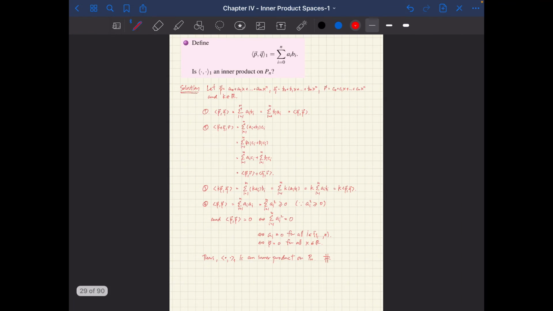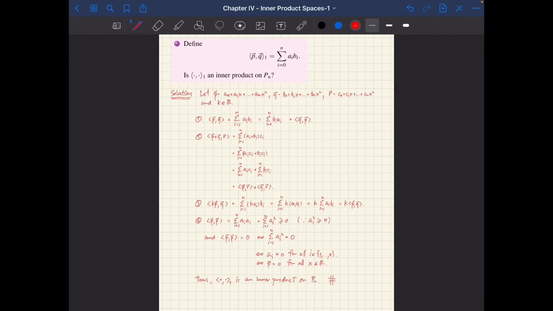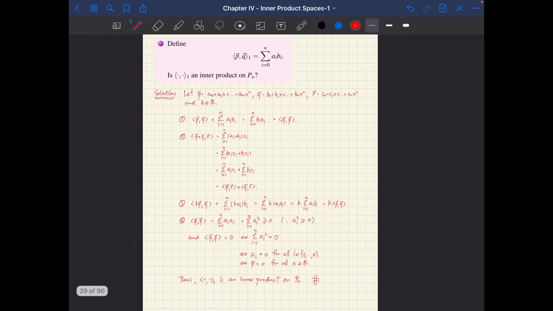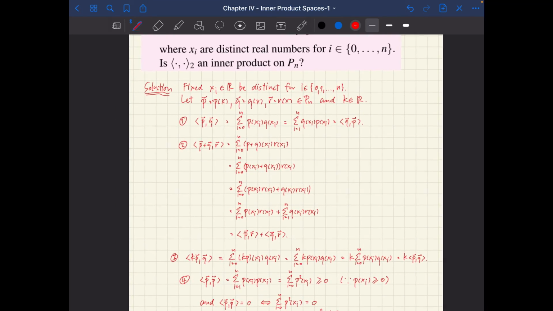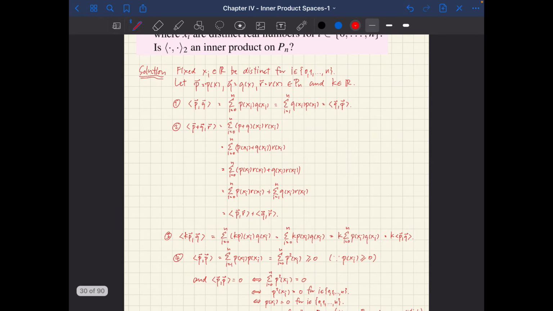If you need to copy this page, please pause it. You need to do it by yourself before you open this slide. And next, number 2 is quite hard. It's quite hard to prove property number 4.